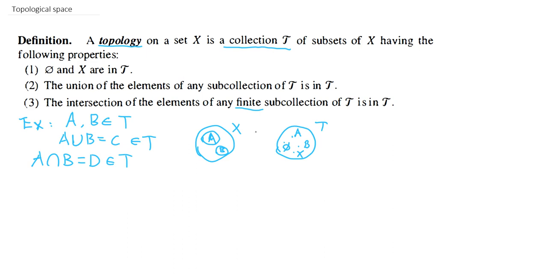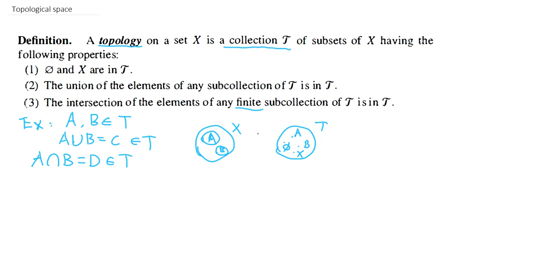For example, if we do the intersection over finitely many open sets, we can always get an open set at the end. But if we do infinitely many intersections, then the result might not be an open set.